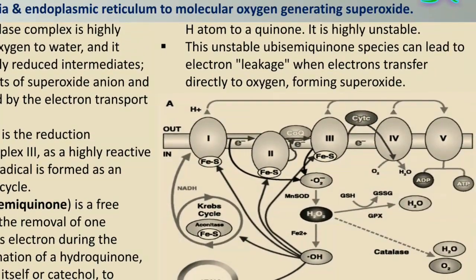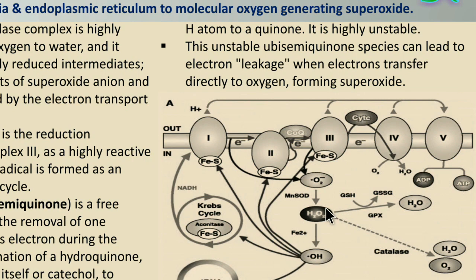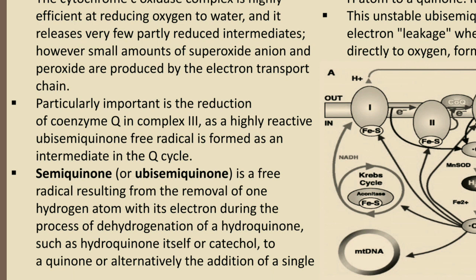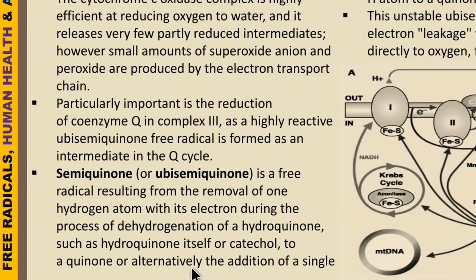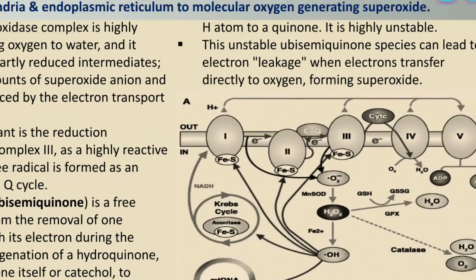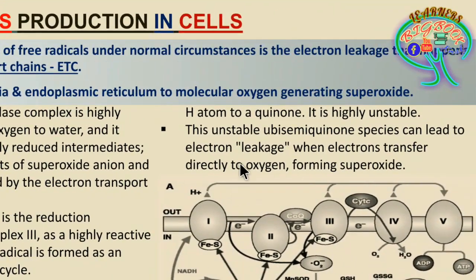It is highly unstable. Now here during this process a benzene ring kind of hydroxyl has been formed; they have mentioned the form of catechol, hydroquinone itself or catechol, meaning the benzene ring where the hydroxyl is attached, and due to the production of this quinone, or alternatively by adding the single H atom, it forms the quinone.